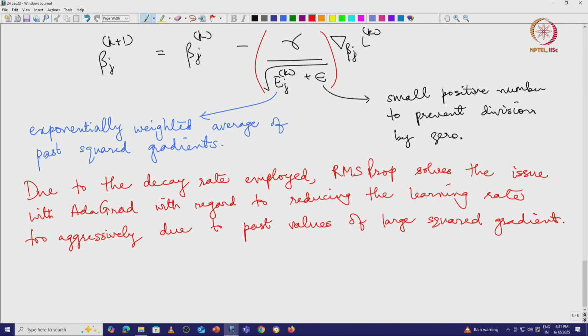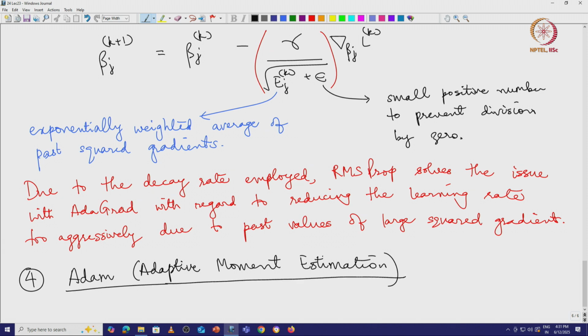Okay. So, let us go ahead and study the last variant of stochastic gradient descent that we want to cover, and that is called ADAM, or adaptive moment estimation. This came about in the year 2014 or so, and what we do here is we start thinking in terms of the moments of the gradient.